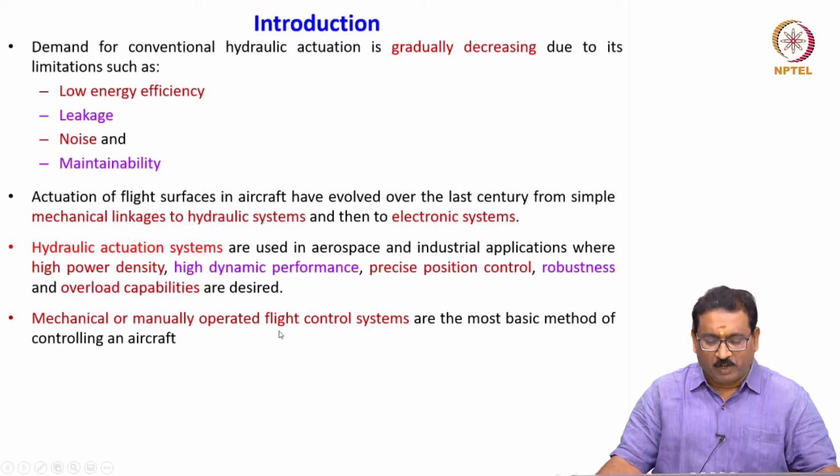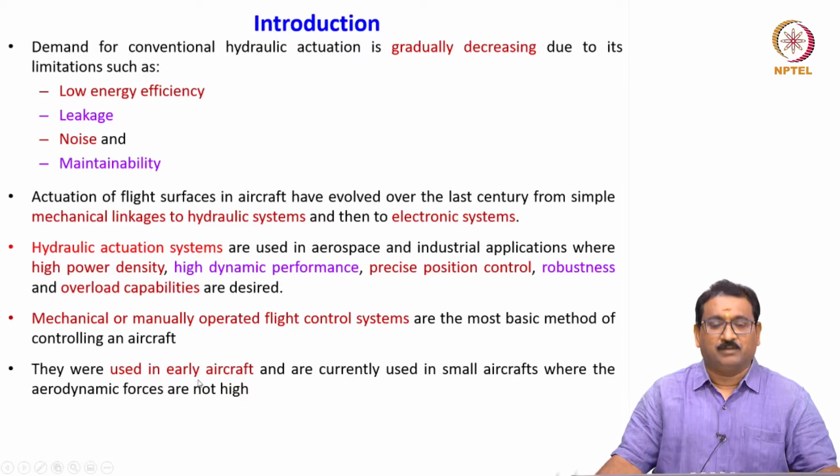Mechanical or manually operated flight control systems are the most basic method of controlling an aircraft. They were used in early aircraft and are currently used in small aircraft where the aerodynamic forces are not high.